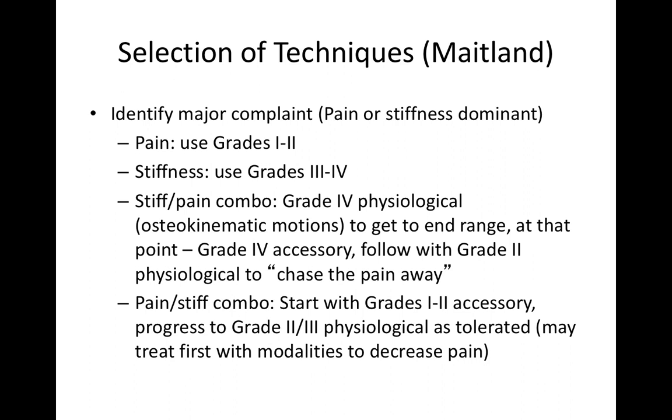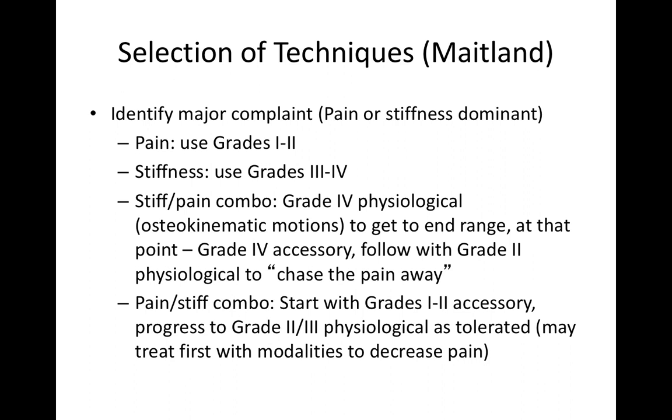If we have a combination of pain and stiffness, we might actually choose to put the individual in a physiological or osteokinematic motion position. This example might be shoulder flexion again. So instead of putting the shoulder in the open pack position and producing our accessory motion, we might choose to put the shoulder in end range flexion and then produce small movements just within that physiological movement.